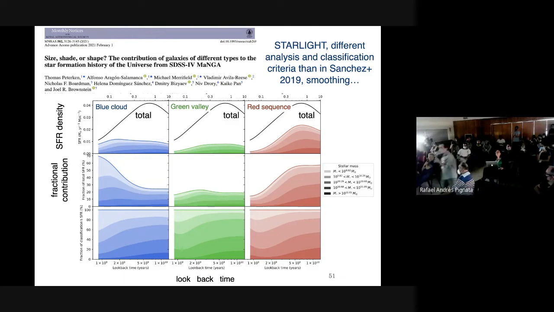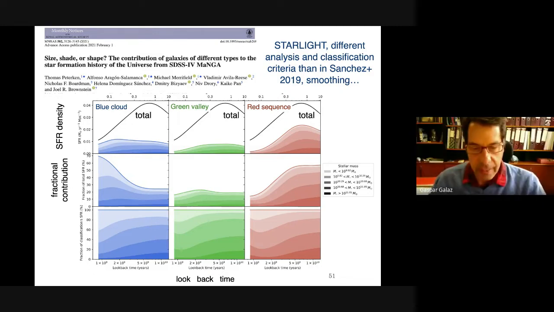Question from online from Gaspar Galaz. Yes, thank you. Congratulations, Vladimir. This is an awesome work. It's very interesting. There are many things to see here. I have a question regarding the S0 galaxies. You are very successful to separate, of course, ellipticals and spirals, and to see many properties among them.